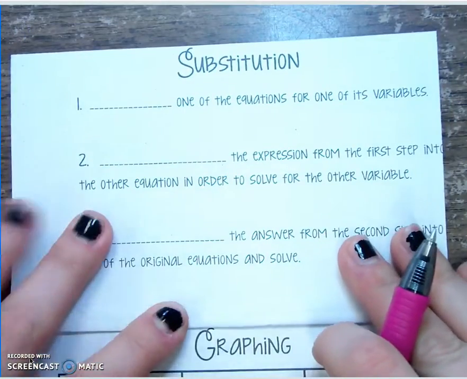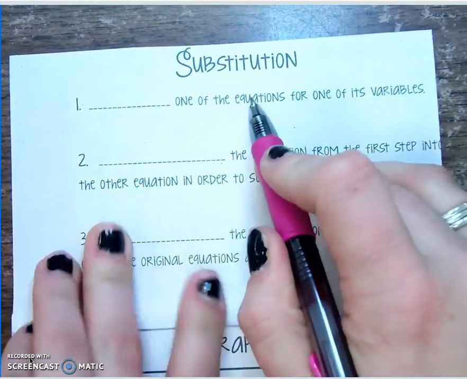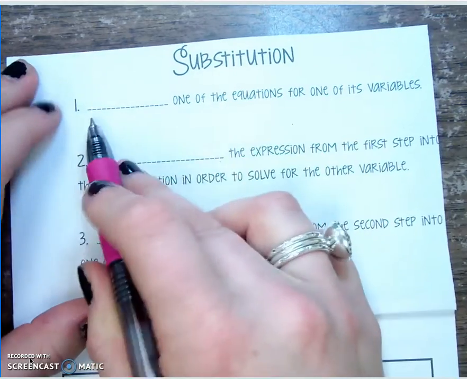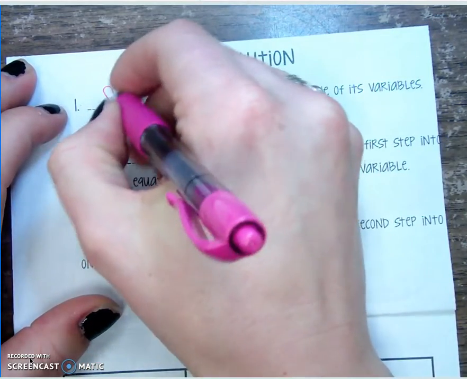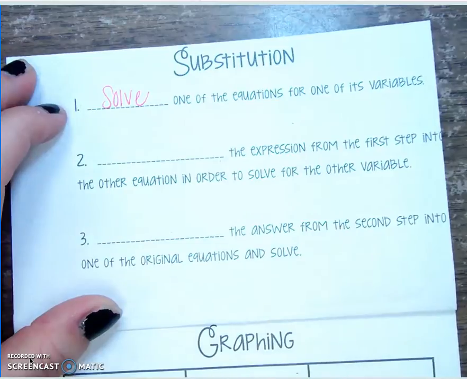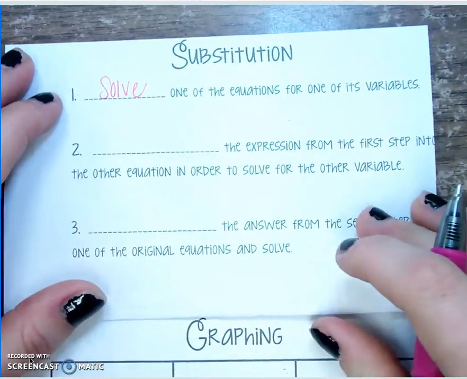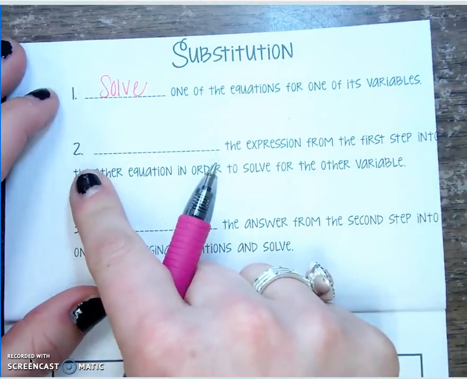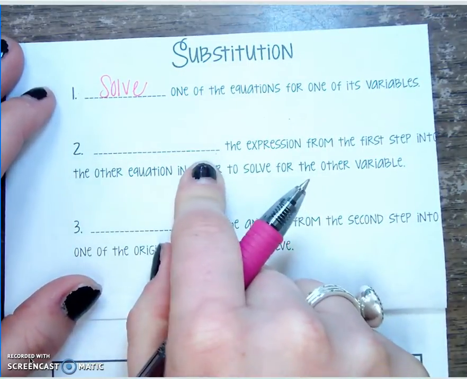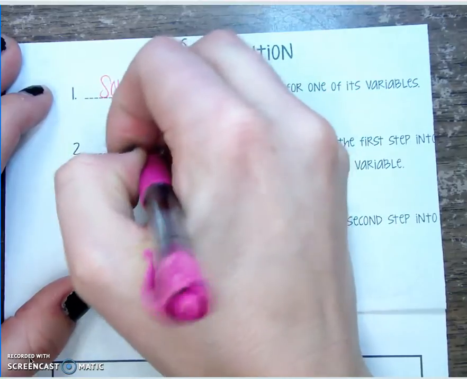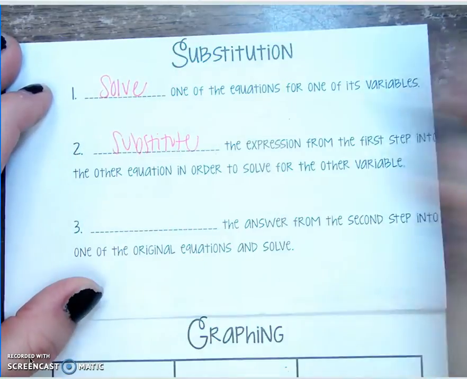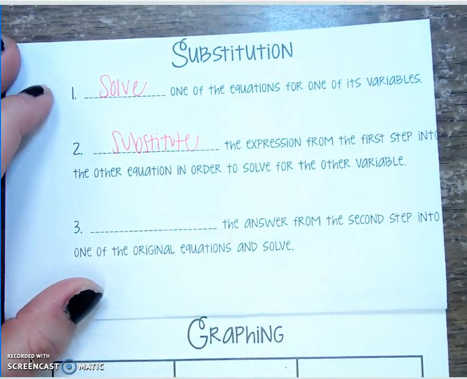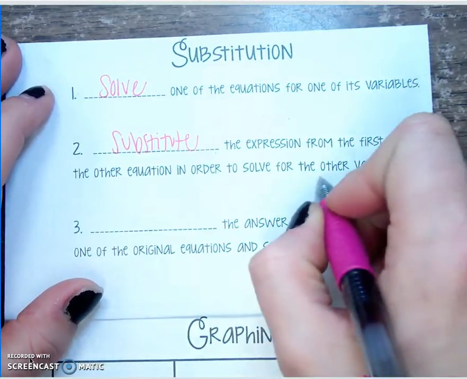We're going to learn through substitution. Step one is always going to be to solve one of the equations for one of the variables. Typically, I would solve for y. Step two, I'm going to substitute the expression from the first step into the other equation in order to solve for that other variable.